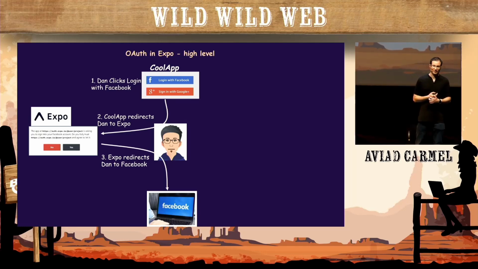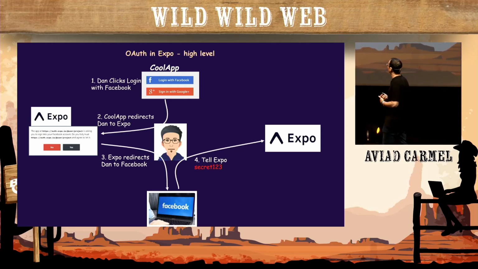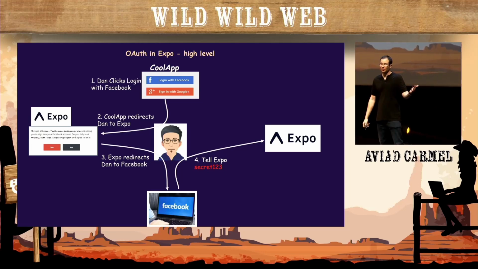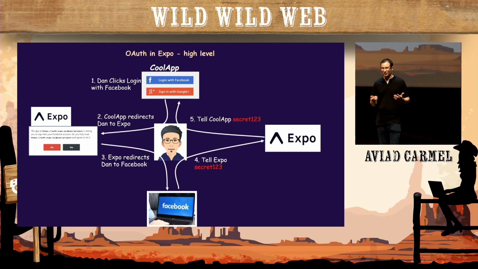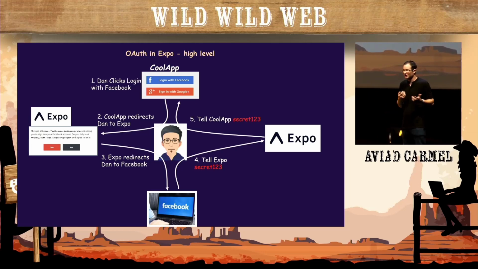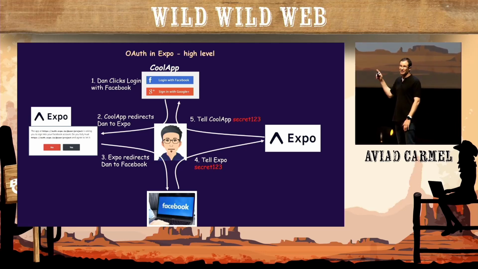After that, Facebook redirects Dan to Expo with the secret token, and Expo sends the secret token to the Cool App. It's a lot of redirection, but it's good because when you have a lot of redirection, you also have a lot of chances to steal the token. So I want to show the same slide again, but with more technical details.